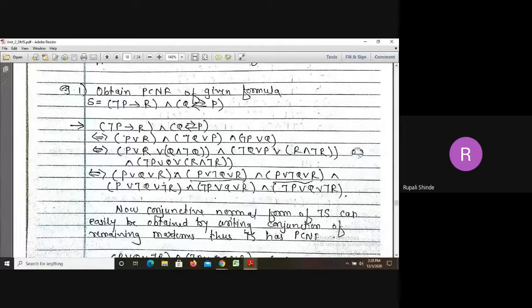So check here. In the next step, we have to add missing terms for each and every bracket. If you consider this first bracket P or R, Q is missing, so we have to add it: P or R or Q and negation Q. So first of all we are going to obtain PCNF.